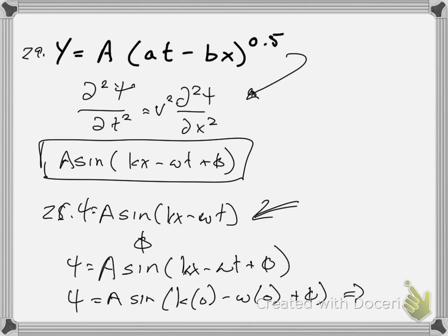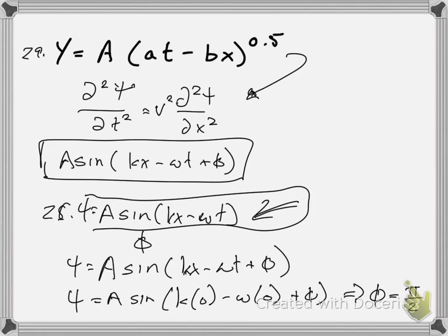So phi has to be pi over 2 or minus pi over 2 or something like that. So you got the phase wrong in that problem, most of you. The other way to do it is to say, what's maximum at t equals 0 and x equals 0 is a cosine. So a cosine kx minus omega t would also work. But you just made an assumption of the incorrect form because you didn't pay attention to phase, and that was what led you to a wrong answer.